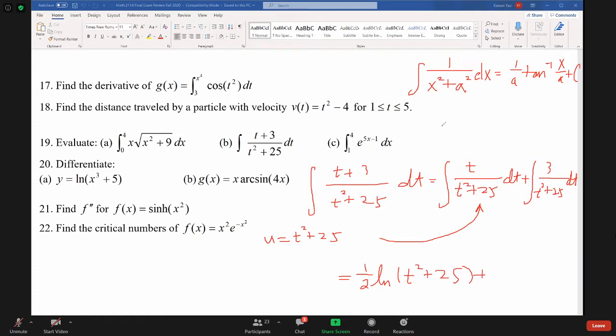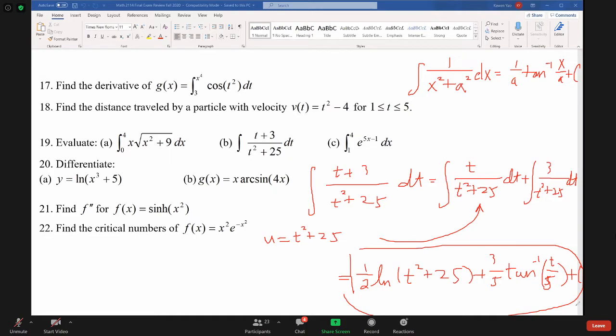So use that formula. 3 is outside, so 3 over 5 inverse tan of t over 5, plus c. It's indefinite, so you have to add c. The answer is 1/2 ln t squared plus 25 plus 3/5 inverse tan of t over 5 plus c.